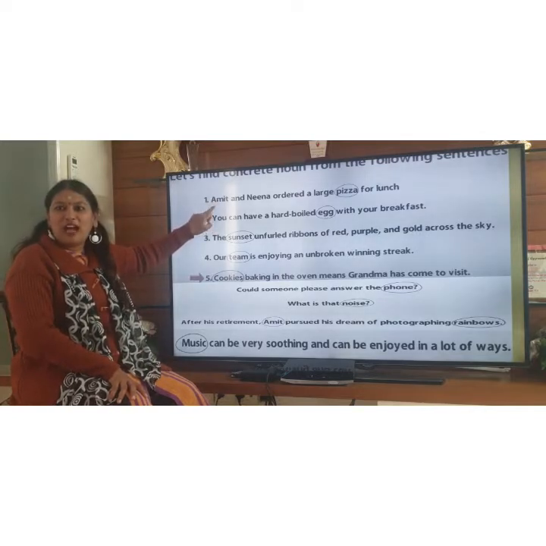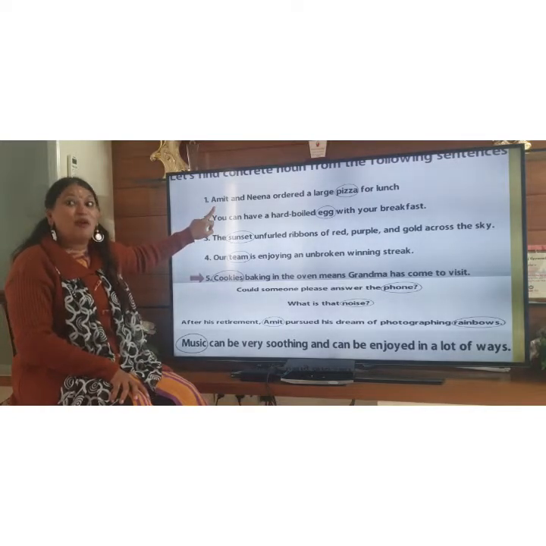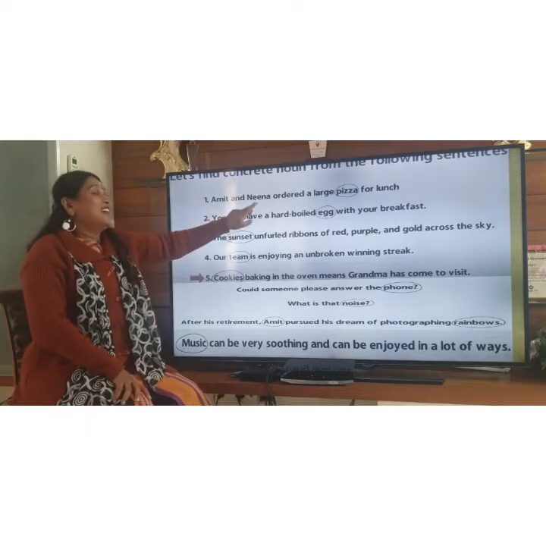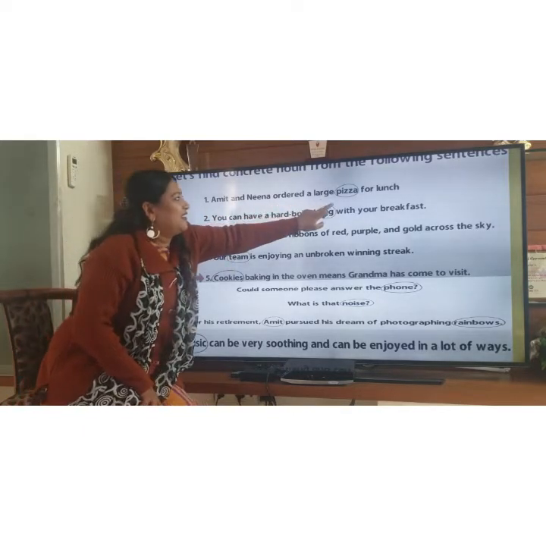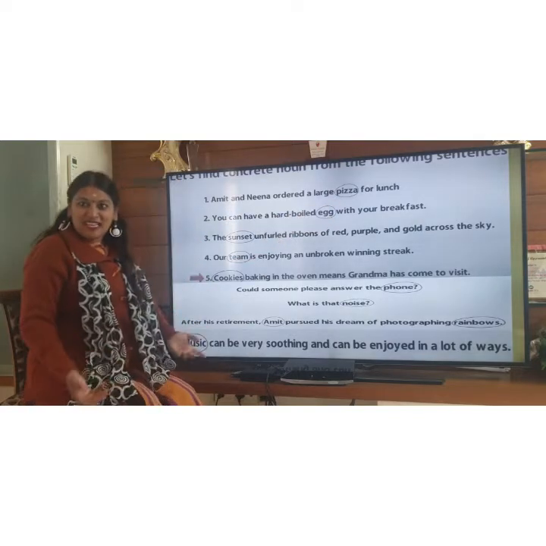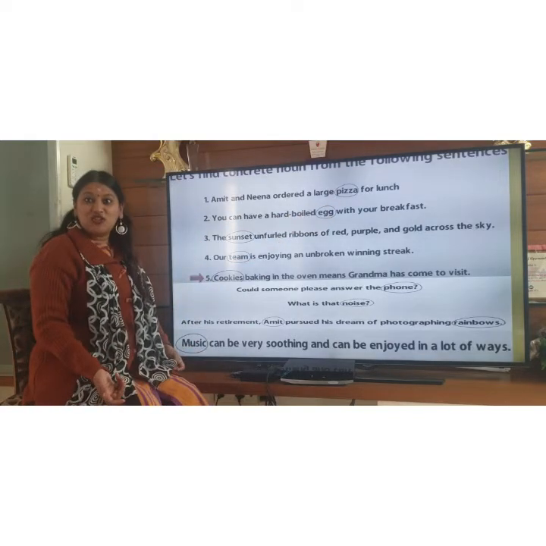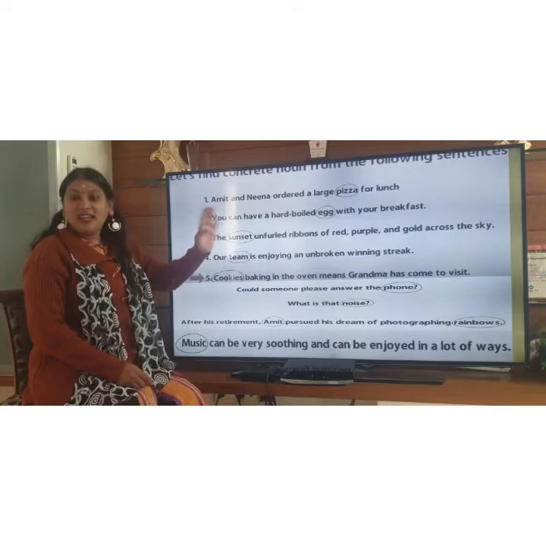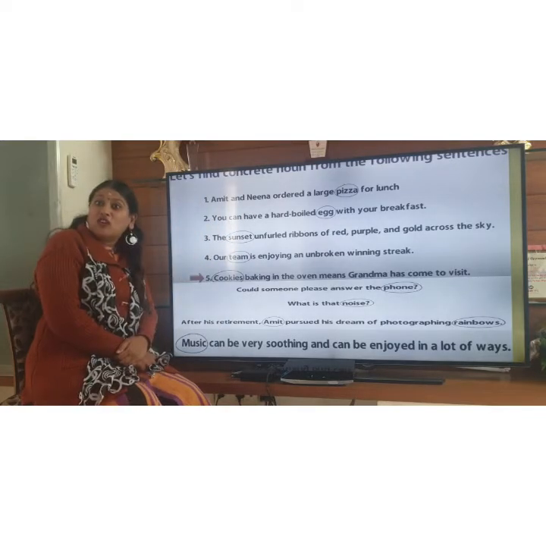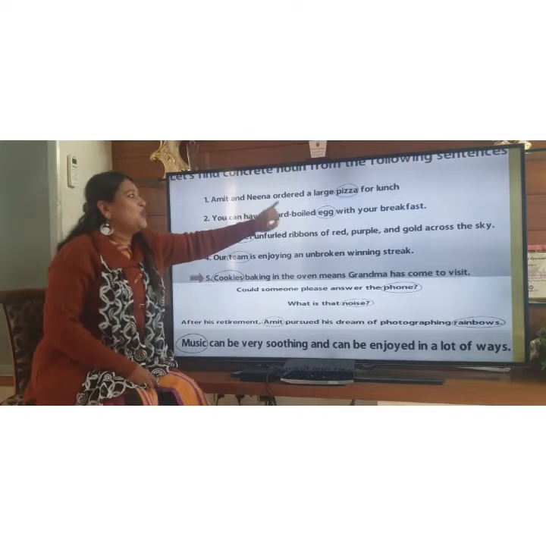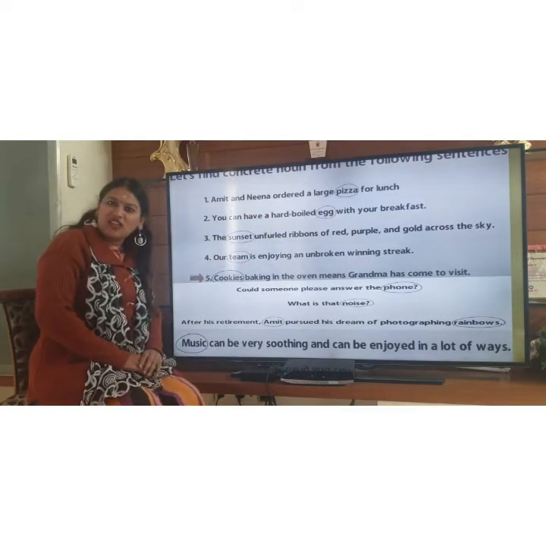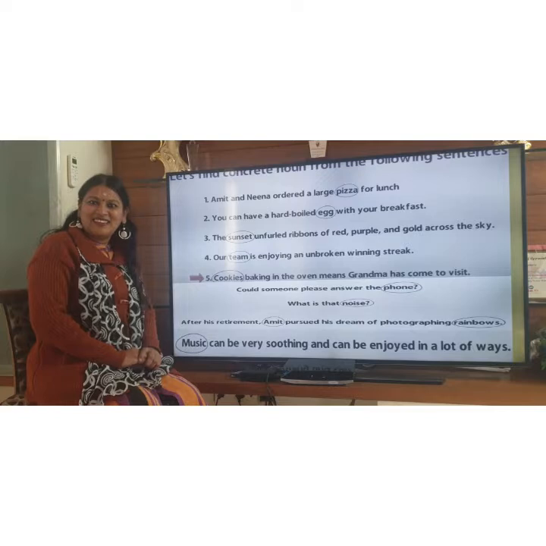Let's check one by one. Amit is a proper noun. Nina, again a proper noun. And pizza is a thing that you can see, touch, right? So, how many concrete nouns are there? 1, 2, and 3. Got it, children? Is that clear?